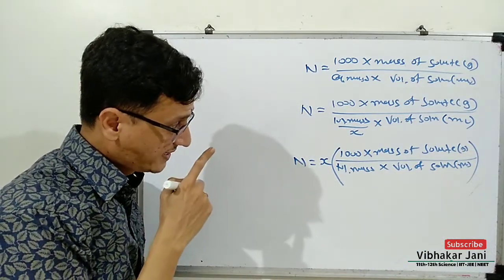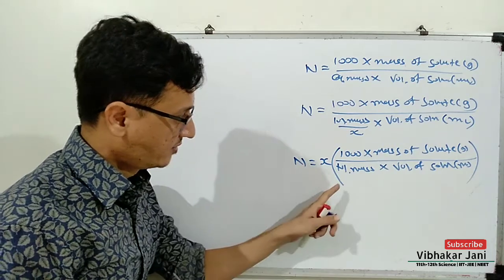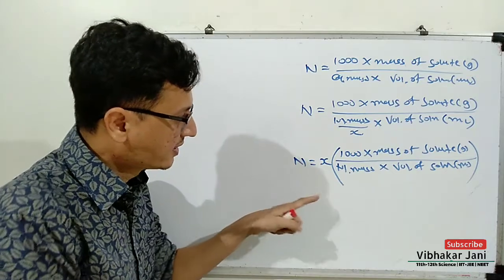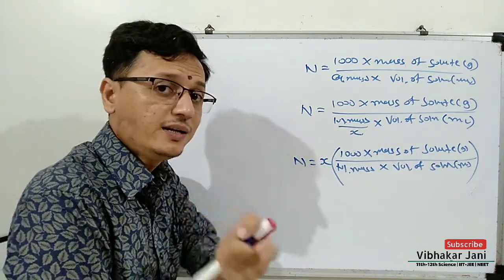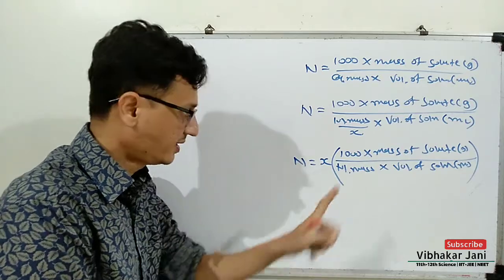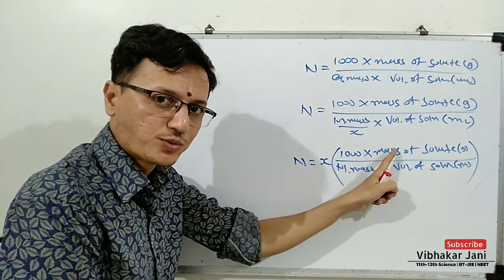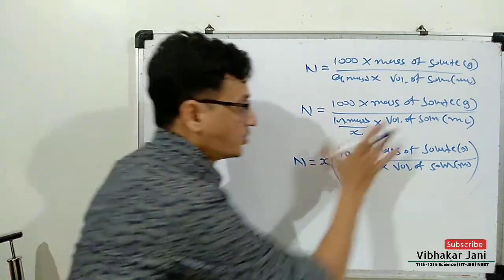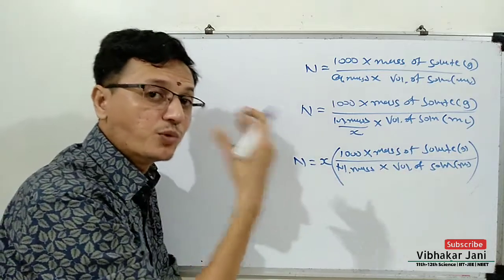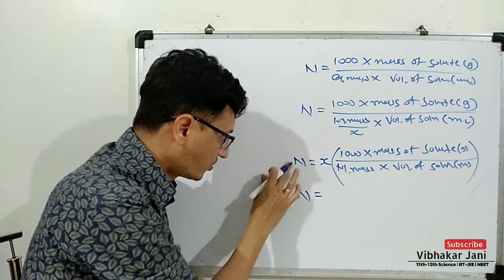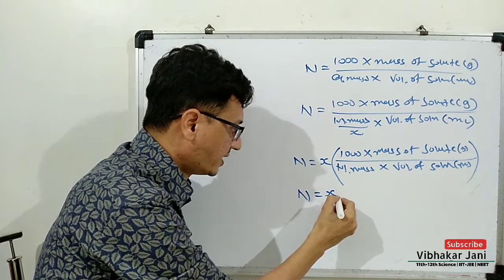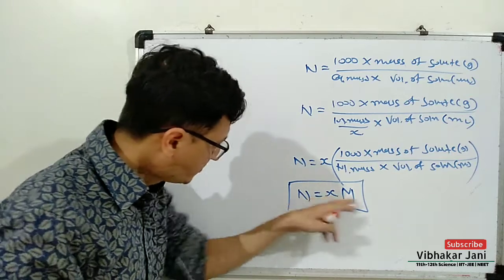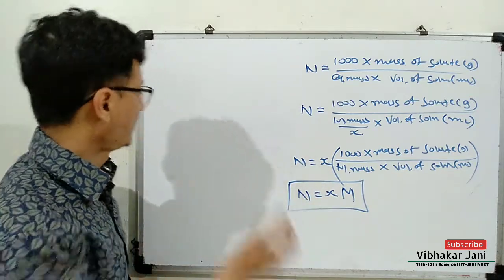Now if you see carefully this formula, which is written in the bracket, then you will definitely say that this is the formula of molarity. Remember the formula of molarity: 1000 multiplied by mass of solute divided by molecular mass multiplied by volume of solution. So this bracket is the formula of molarity. So we can write it like this: normality is equal to X multiplied by molarity. So this is the relation between normality and molarity.